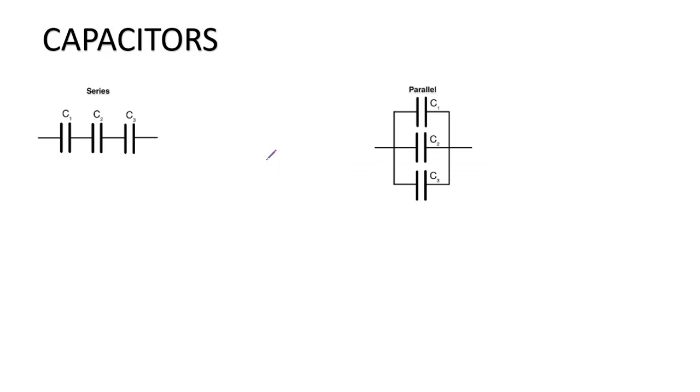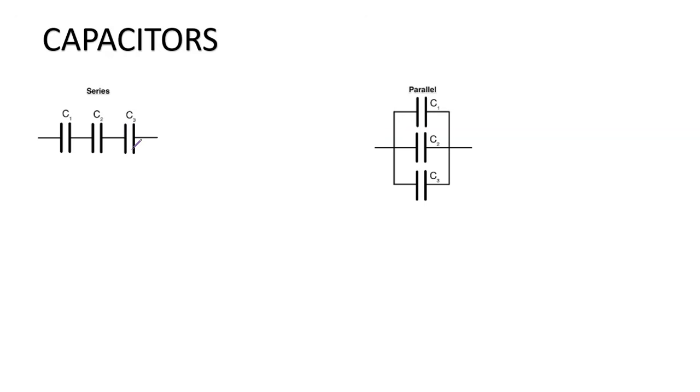So I have devised a very straightforward and simple trick to remember this. So what I use is I link it with resistors. So capacitors in series is like resistors in parallel, and capacitors in parallel is like resistors in series. So for series, let's recall the equation for resistors in parallel. So resistance in parallel was 1 by R1 plus 1 by R2, right?